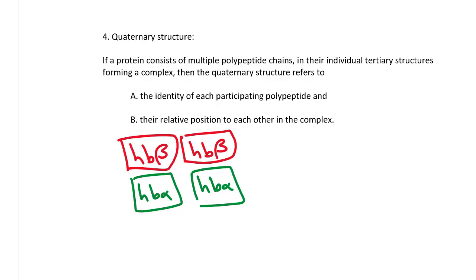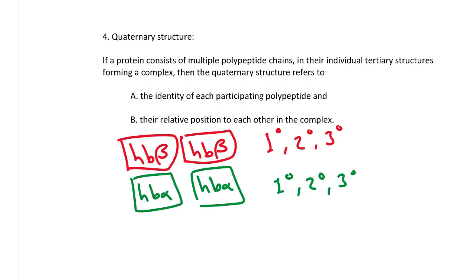By themselves, the HB beta or the HB alpha do not have any biological activity, but they are single polypeptide chains, and each HB beta and each HB alpha has a primary, secondary, and tertiary structure. But the protein hemoglobin has a quaternary structure.